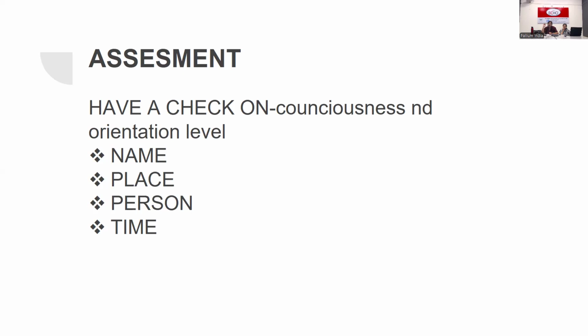That is the easiest thing you can ask in a very friendly way. What time is it? Do you know the time? A disoriented person will not know the time or the place where they are. So these are the simple things you can ask, and this is the importance of writing the conscious and orientation level. Okay, next slide.